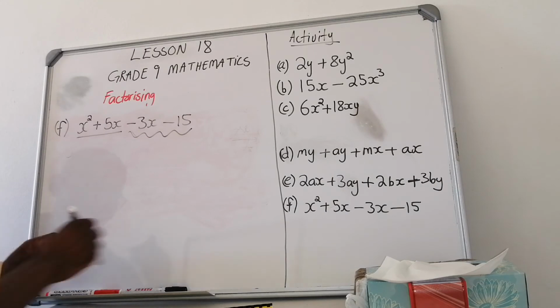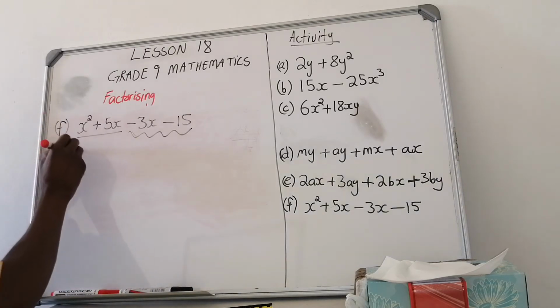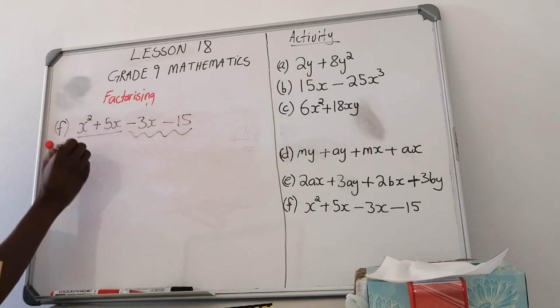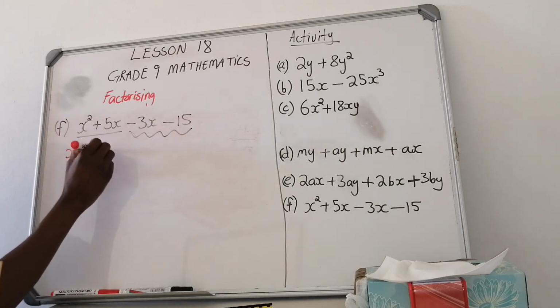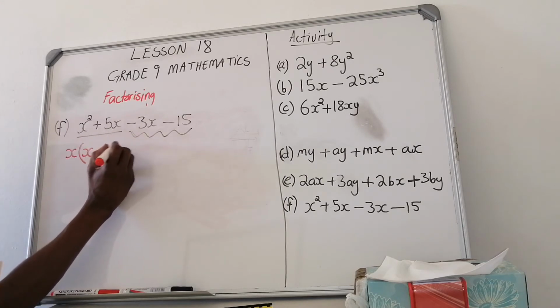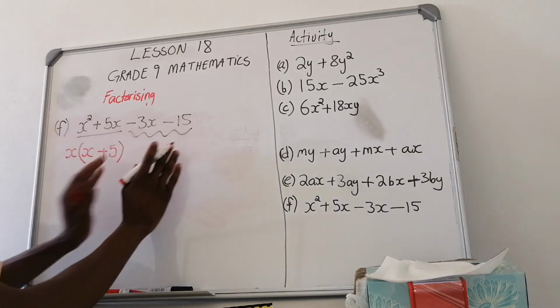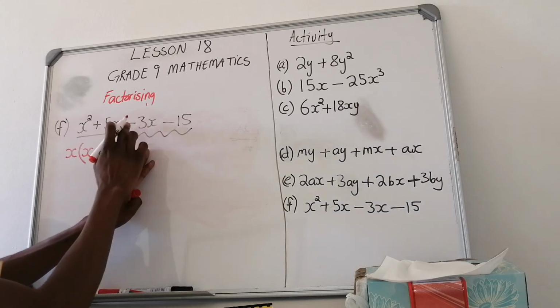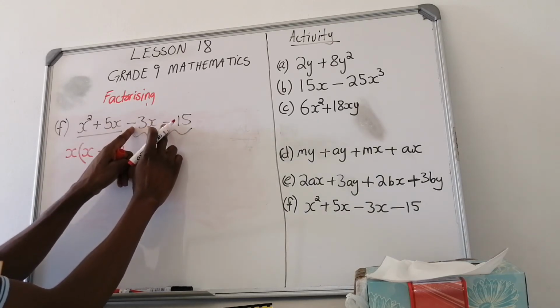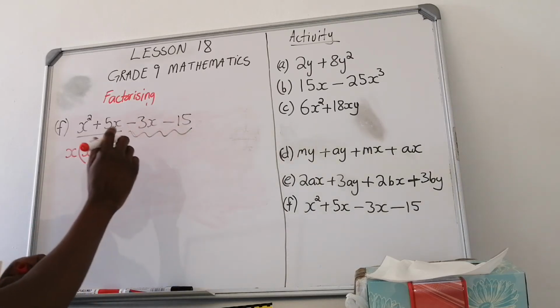I think I'm running out of markers. X. If you divide this by x, you get an x. Plus, if you divide this term by x, you just get a 5. Now, here, all the terms are negative. So it means your common factor must also be negative.